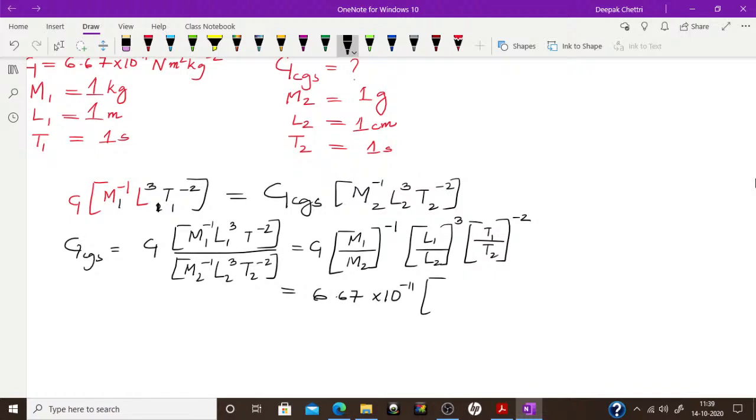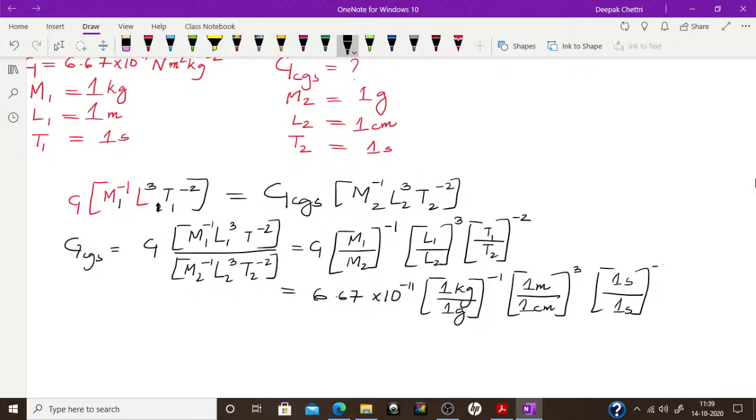M1 is 1 kg and M2 is 1 gram, to the power minus 1. L1 is 1 meter, L2 is 1 centimeter, cube, and T1 is 1 second, T2 is also 1 second.